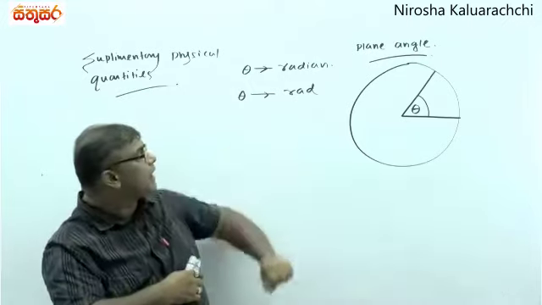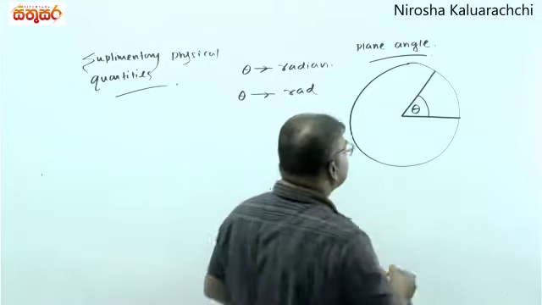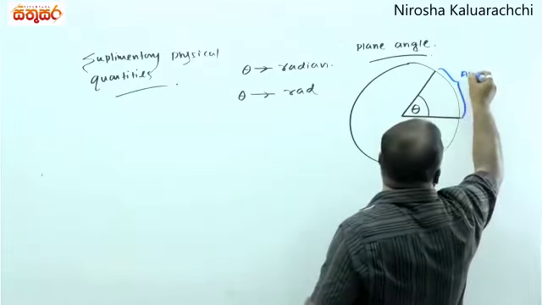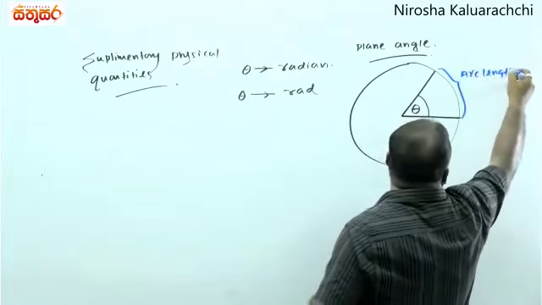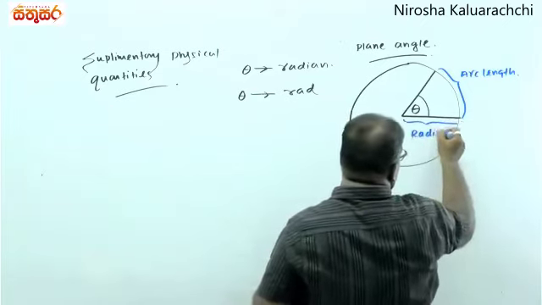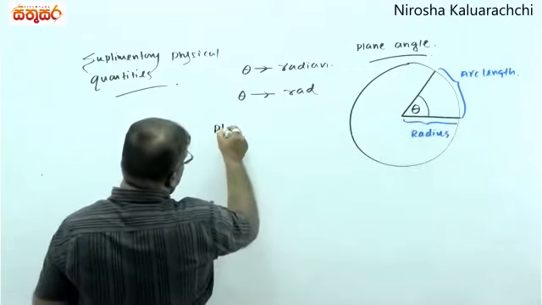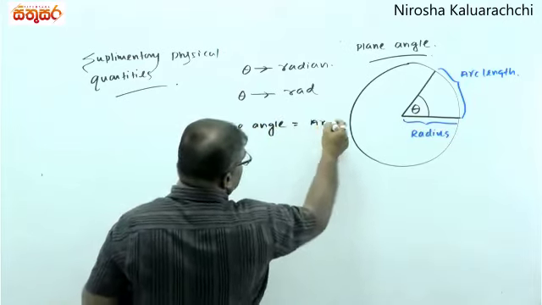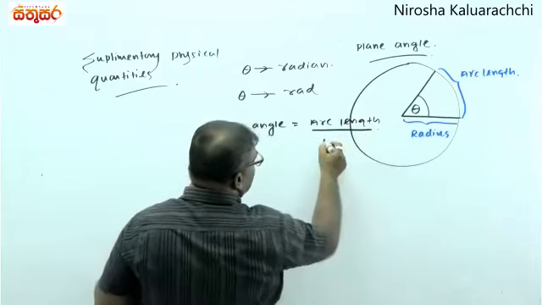First one, write down plane angle. Plane angle, right. This is introduced with arc length. This is arc length. Here to here length is radius. Basically, plane angle is written as arc length divided by radius.